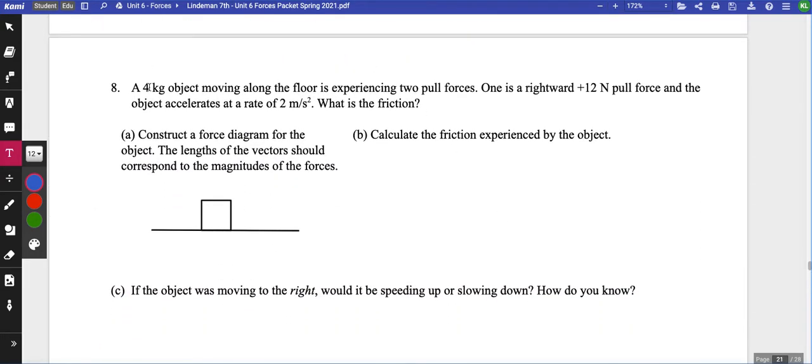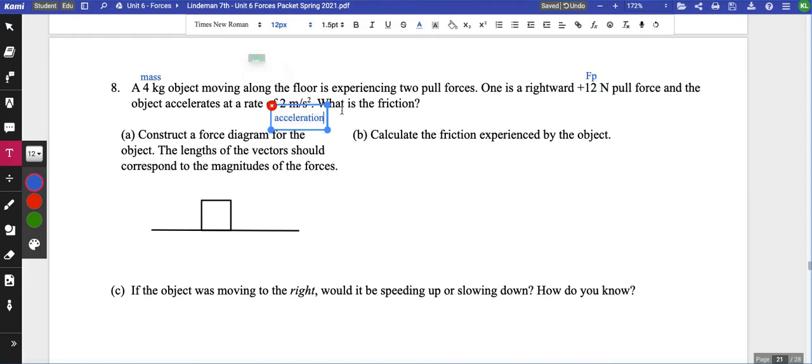So number 8. A 4 kilogram object, so kilogram, that's mass, is moving along a floor, and I have my box and my line set up there. One is a rightward pull force. Okay, so this is my FP, and the object accelerates at a rate of 2 meters per second squared.